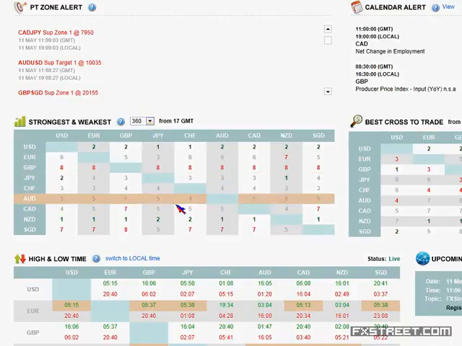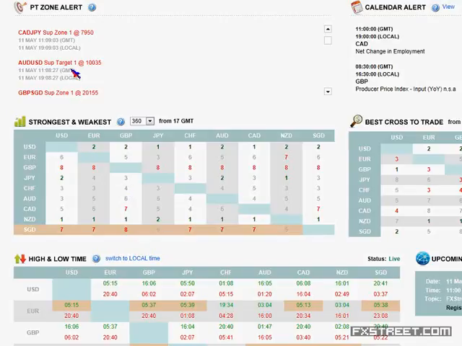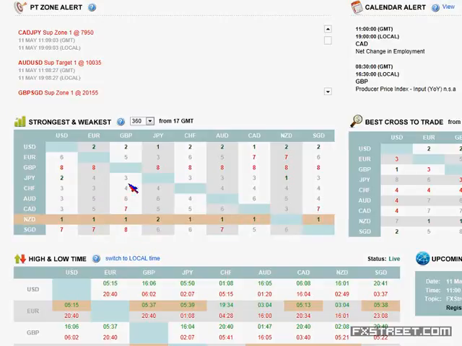Aussie is not the weakest cross right now, but it is hitting the low, so that might give me a buying opportunity, because when I go long, I get to buy at the lowest point for that time belt.